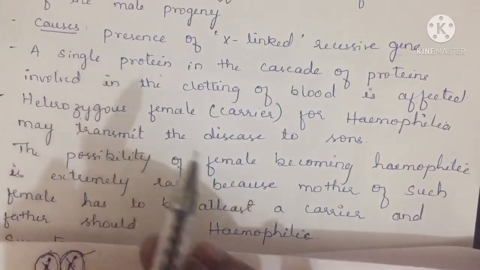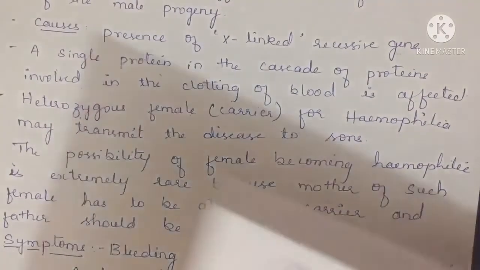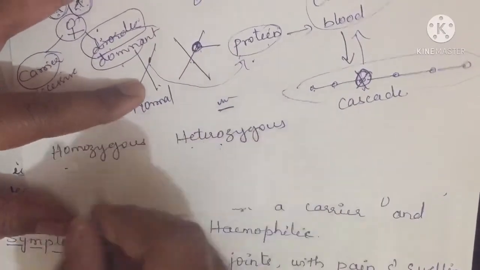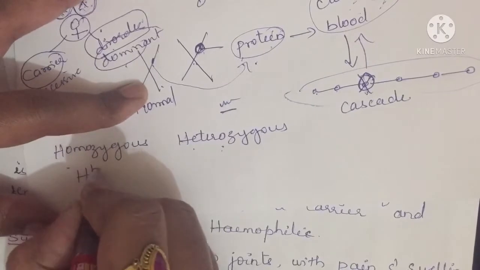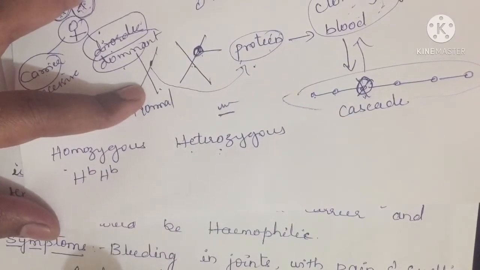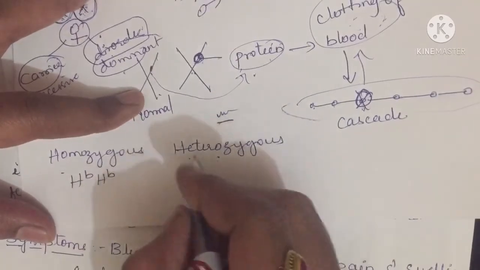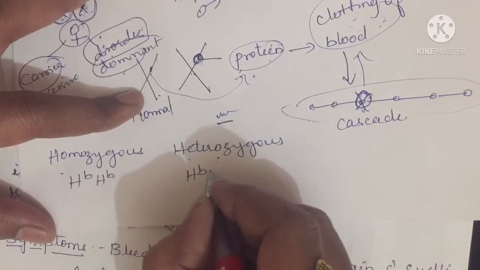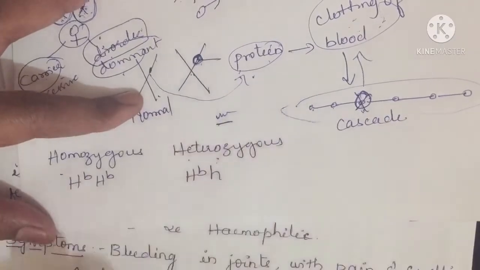When the female is heterozygous, I shall use H for normal and h for hemophilic.